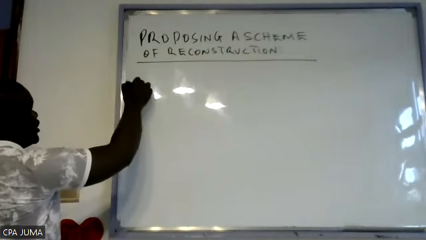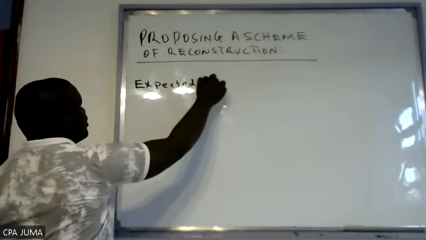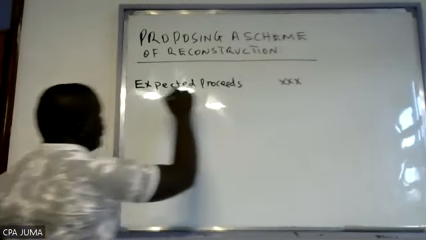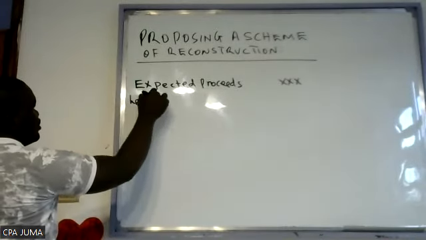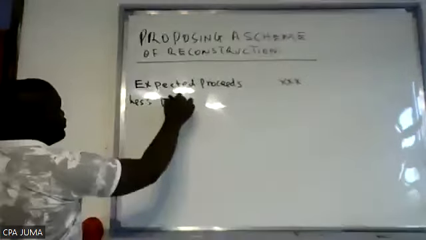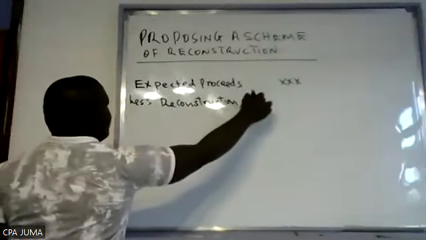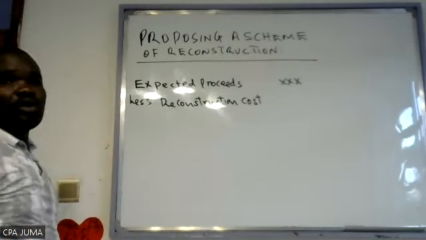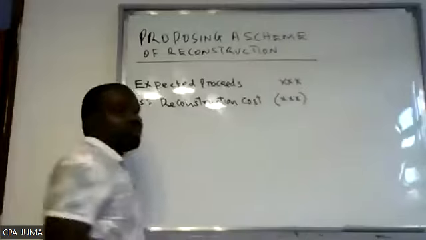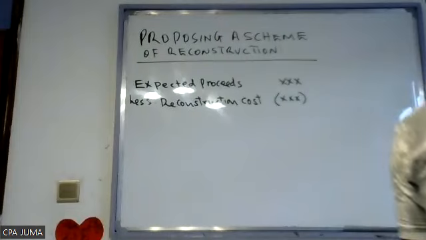So you come here and say expected proceeds, you less reconstruction costs. You less the reconstruction cost. So reconstruction cost may be the liquidation, the expected liquidation cost and the rest.